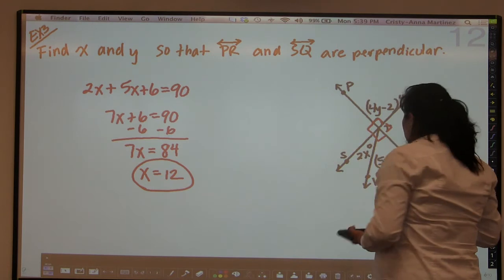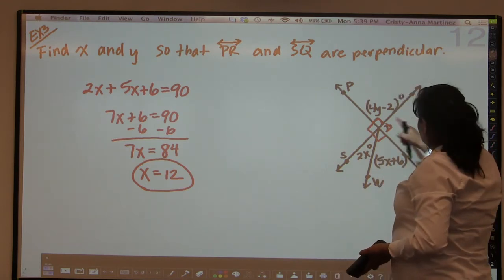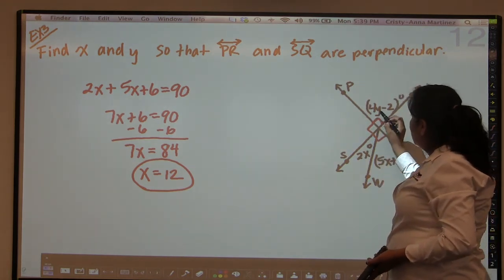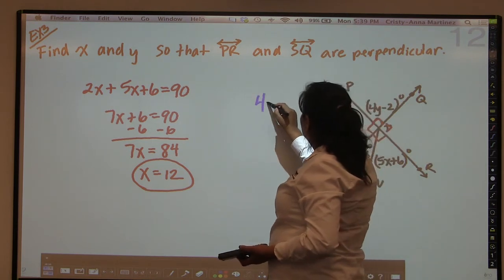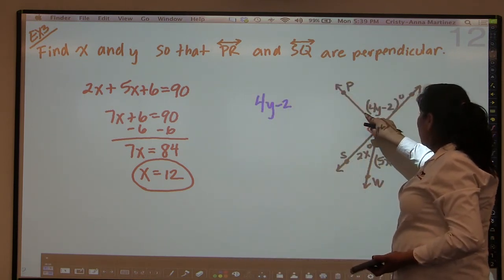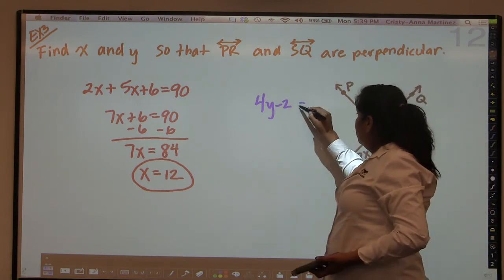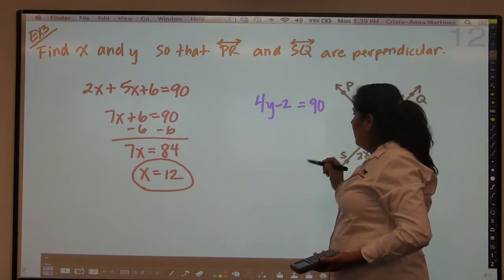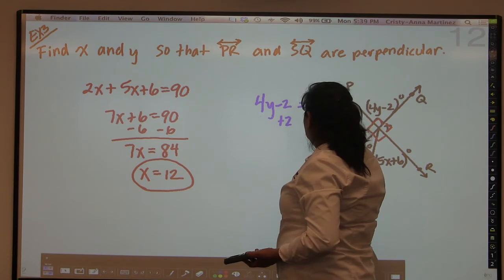And now the other part of this is the y value. So we know that 4y minus 2, which is what is in this area here, also has to equal 90, because that would mean that it was a right angle. And so we solve the problem very simply.